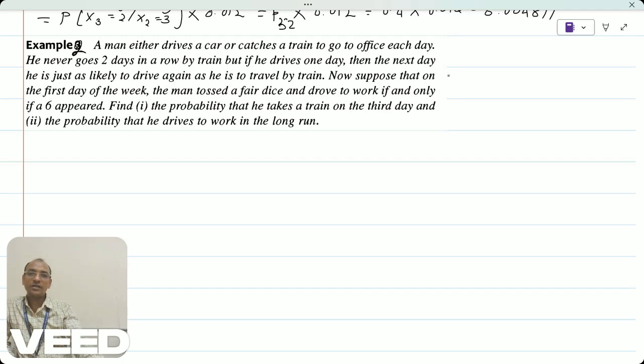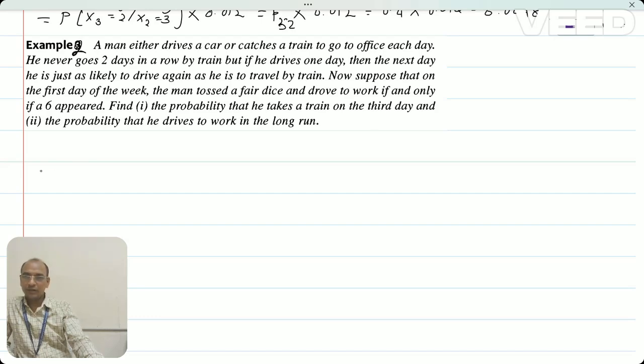Now suppose that on the first day of the week the man tosses a pair of dice and drove to work if and only if 6 appears. Find the probability that he takes a train on the third day and the probability that he drives to work in the long run.